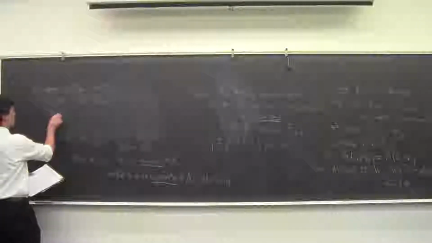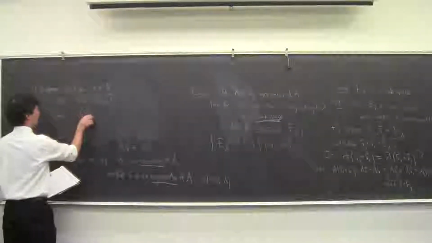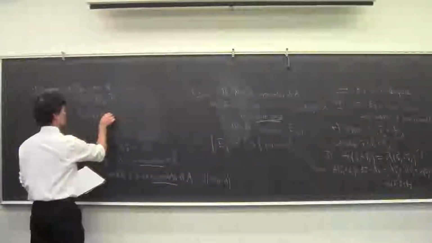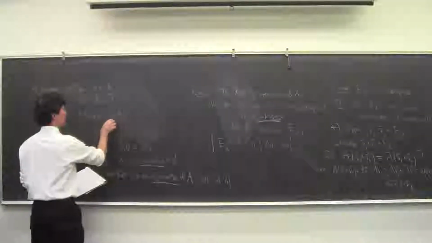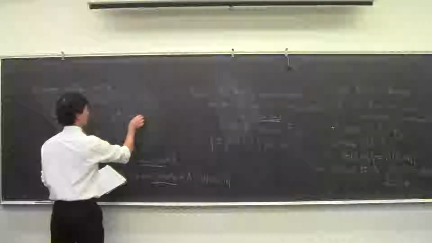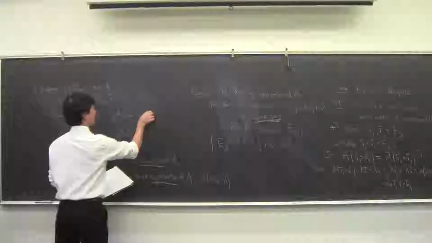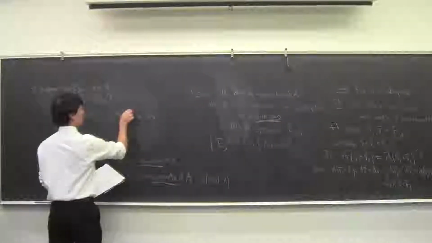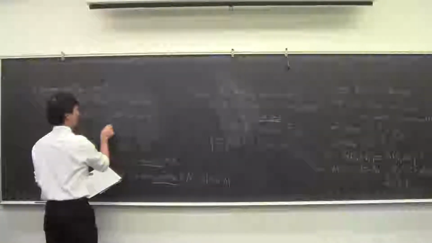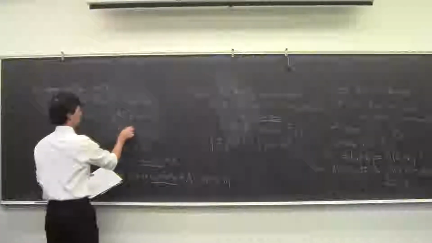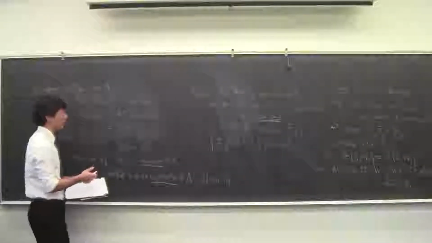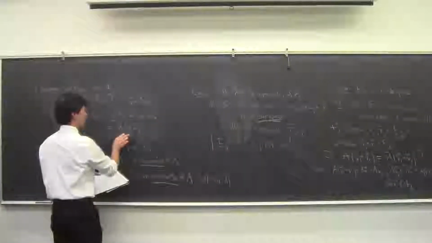And the answer is sure, right? You just say, well, look, A alpha v is the same thing as alpha Av, right? You can pull out the scalar, right? Well, that's the same thing as alpha lambda v, right? Because v is in E sub lambda, right? And then you just change the order, by the commutative property, right?